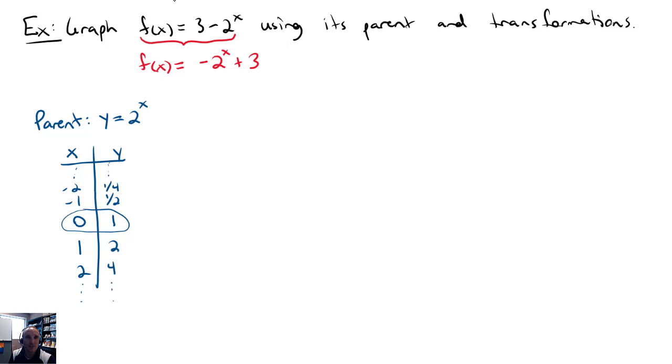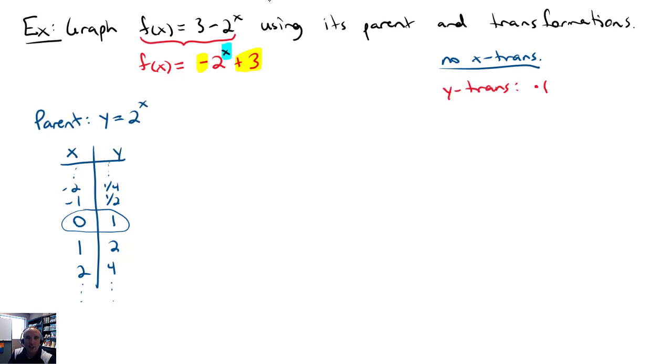Then I have to identify my transformations. Well, if I look at x, there's nothing happening to x. So there are no x transformations. But if I look outside of 2 to the x, I can see multiplication by negative 1 and add 3.